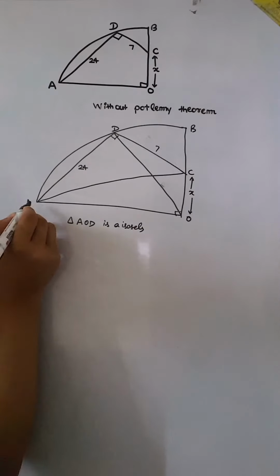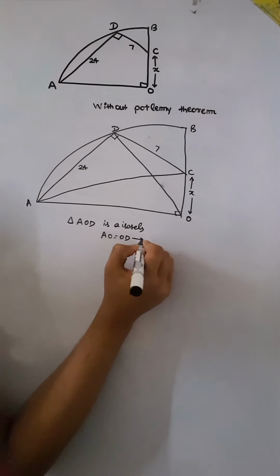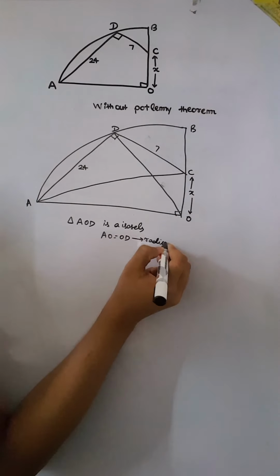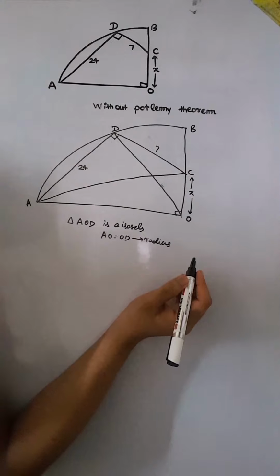It is an isosceles triangle because the length of AO is equal to the length of OD, because both of them are the radius of this quarter circle. So this is the first thing that will obviously come into our mind.